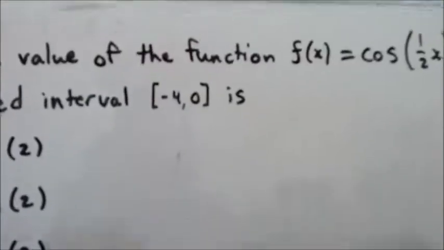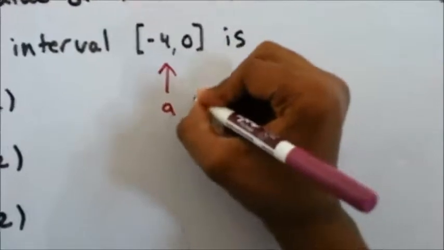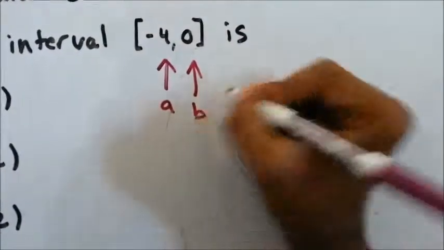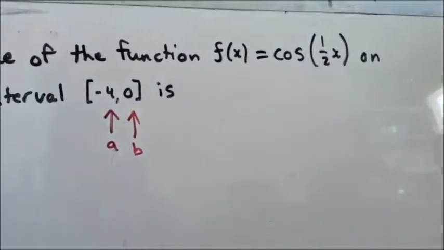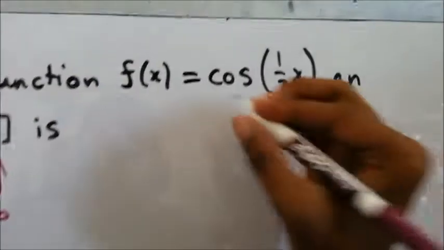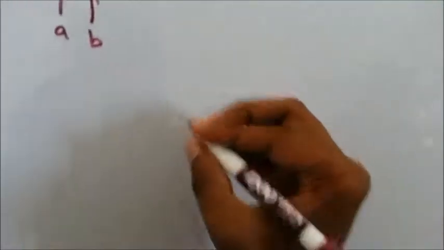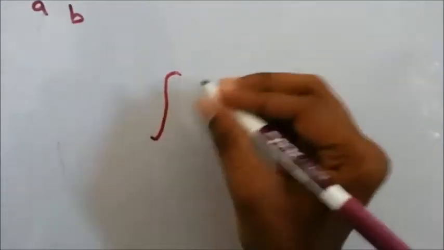So we're going to have to work through the problem and eliminate them as we go. First things first, we got to assign a and b some values. This is going to be a, and that's going to be b. Next we have f of x equals cosine half x. Now let's put all of those numbers into the formula.